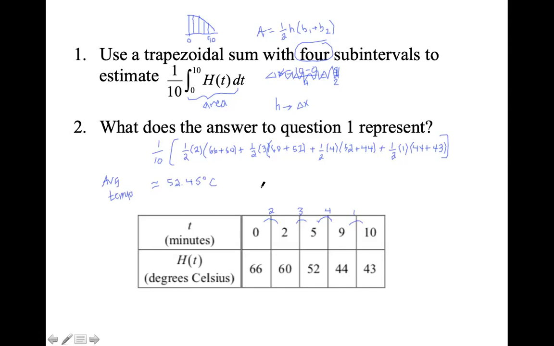It is the average temperature in degrees Celsius of the pot from t equals 0 to t equals 10 minutes. Okay, so it's the average temperature.